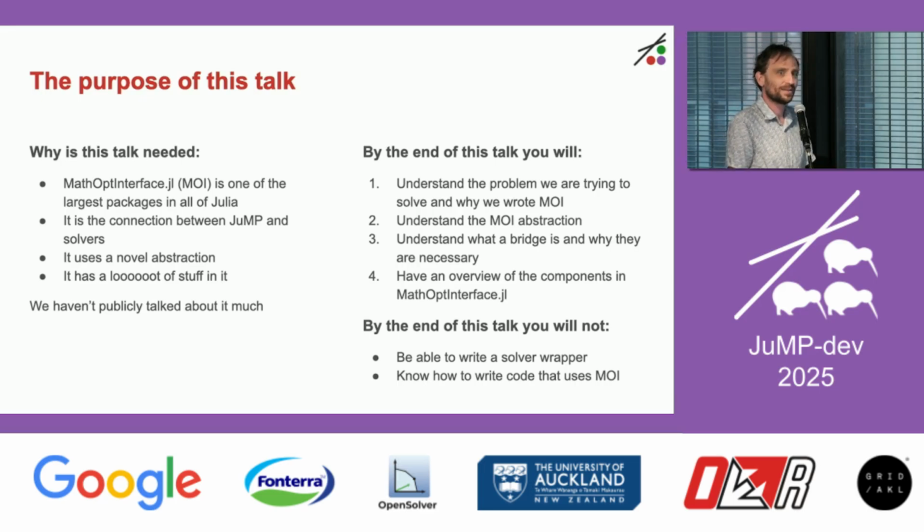Yeah, so one of them is the function conversion bridge, where we know, hey, I've got a scalar affine function in set. I can convert that into scalar quadratic function in set. Any set, I don't care. But it's true, a scalar affine function is a subset of a scalar quadratic function, so the bridge is very easy. But you probably shouldn't do that if you didn't need to.